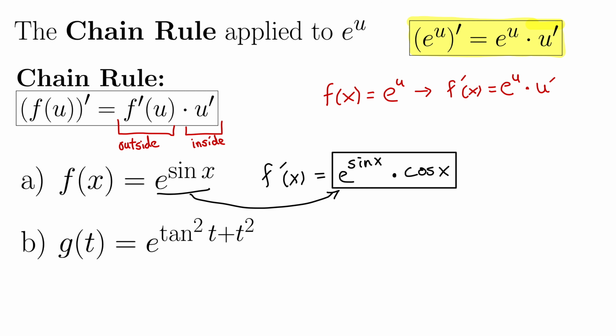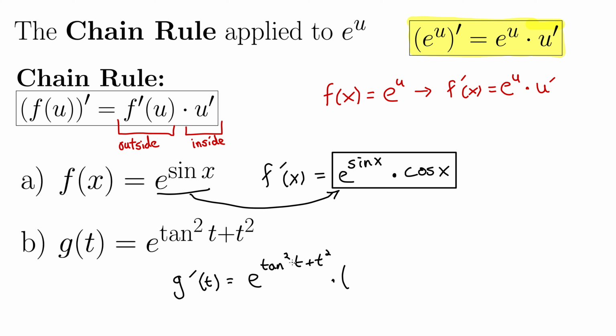Let's look at b. We have g of t equals e to the tan squared t plus t squared. Okay, so a lot going on in that exponent. No worries, we apply the same principle. G prime of t equals, all right, first we just rewrite the function, e to the tan squared t plus t squared times, and now we take the derivative of the inside.